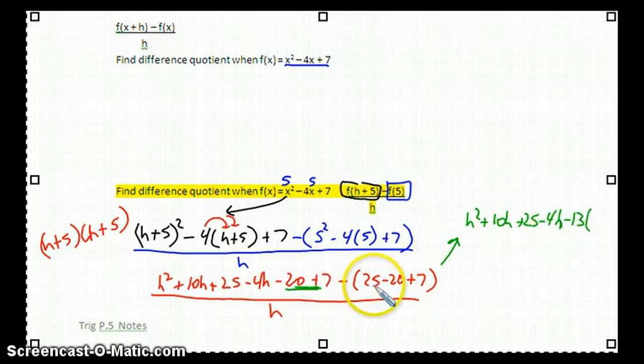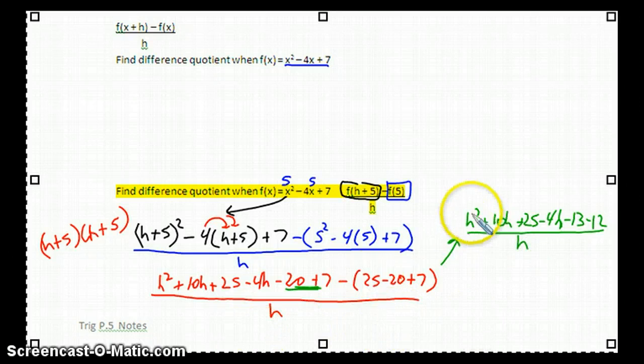And combine all of these together. I would get minus 5 plus 7 would make 12. And that's still all divided by h.